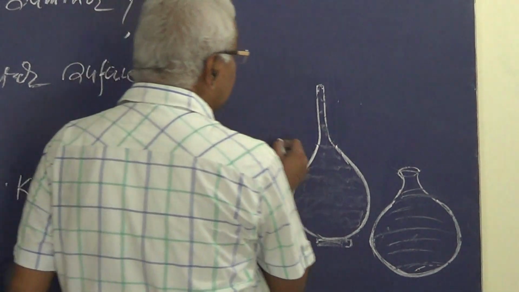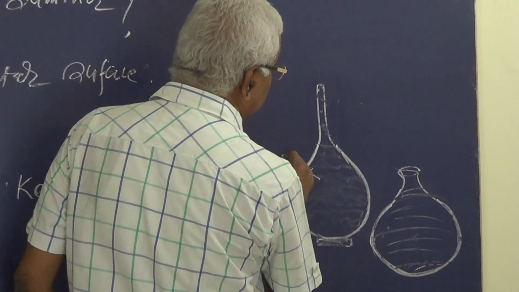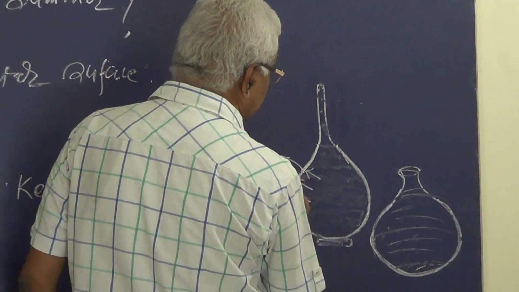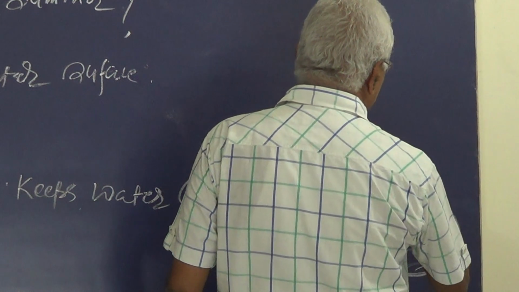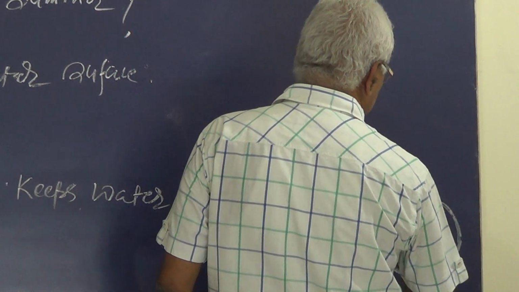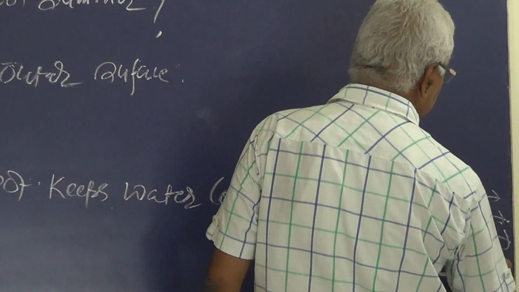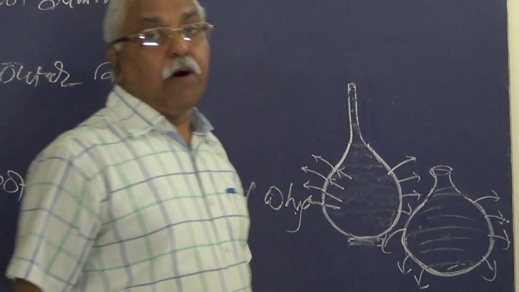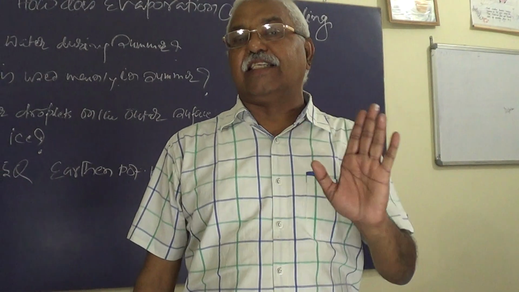Now this water takes the energy from there and evaporates. There is a continuous evaporation process. So on the wall of the earthen pot, evaporation is taking place.